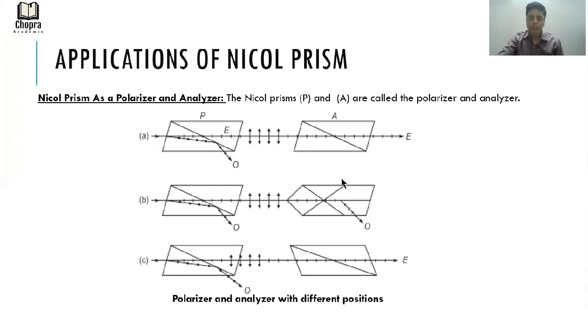Now, how is this intensity connected? Intensity is connected as I equal to I naught cos square theta. That is called Malus law, where I naught is the incident intensity and theta is the angle with which the analyzer is rotated. So I is the intensity coming out here.